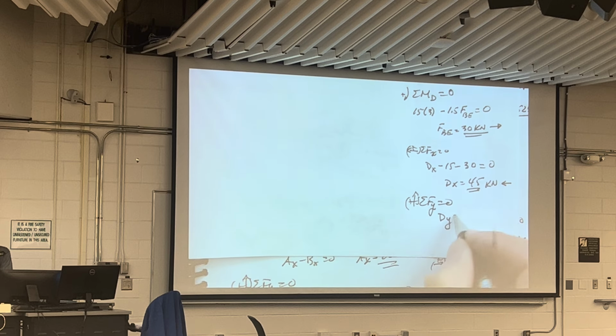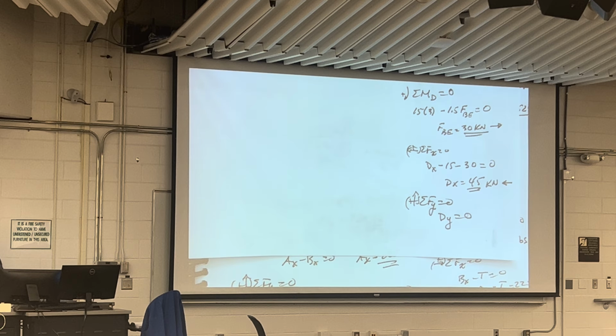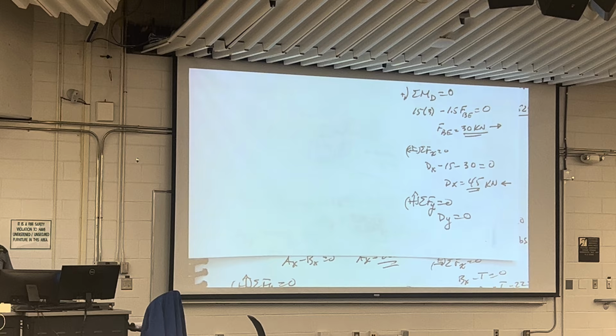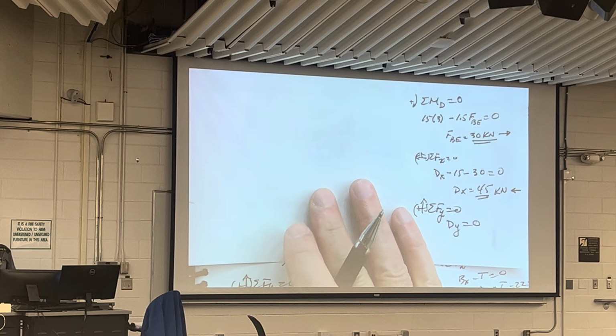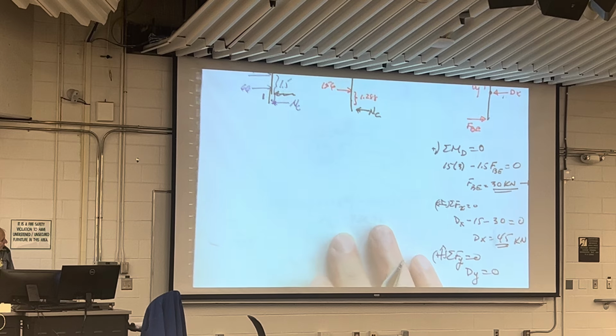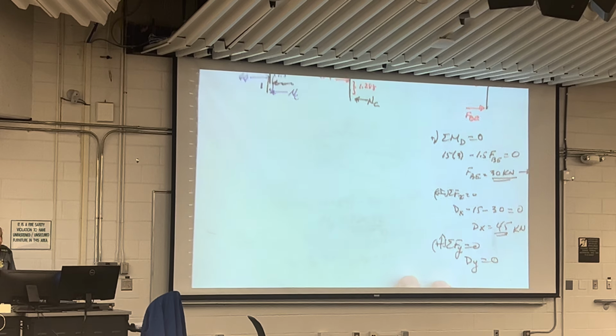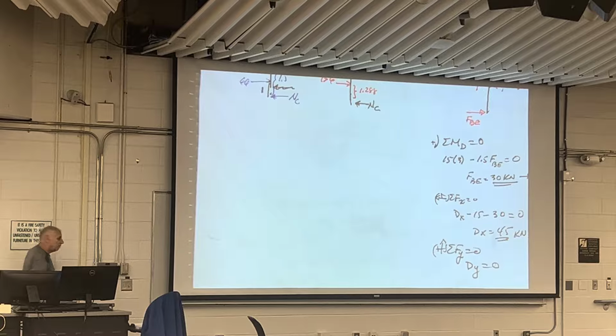That just says dy equals 0. There's nothing in the upward direction. X, x, x, and only dy up. Dy's got to be 0. Yes?